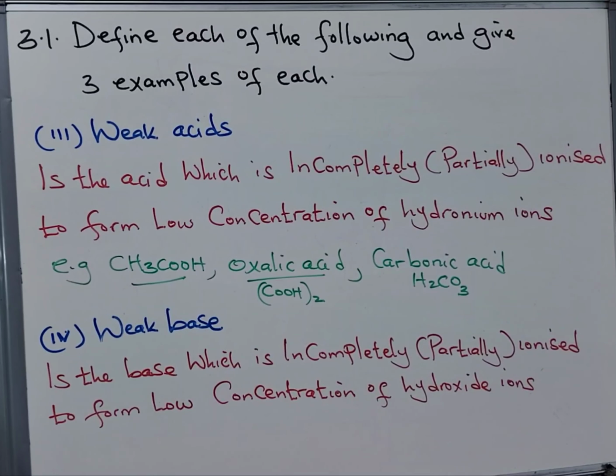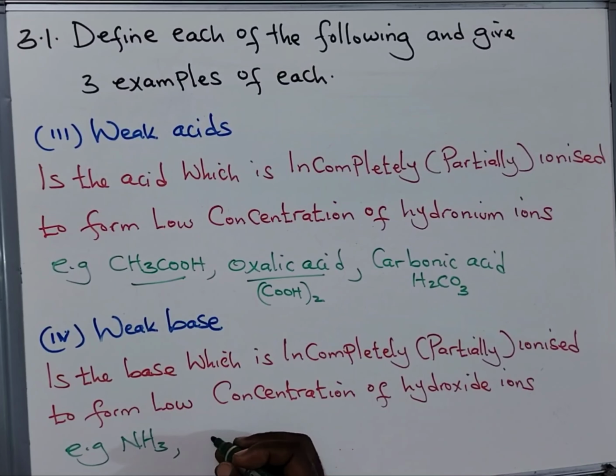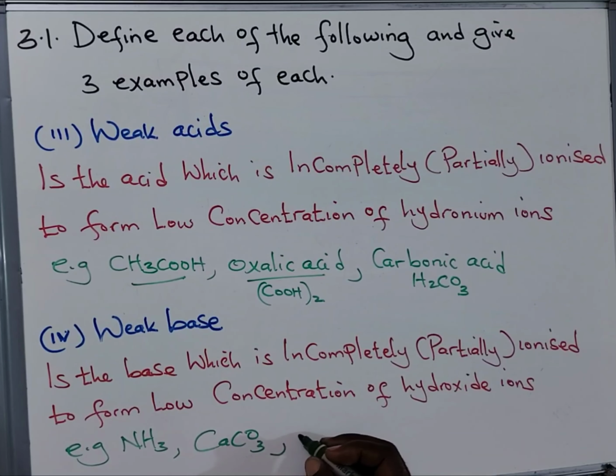And examples, we have ammonia, it's a weak base. We have then calcium carbonate, then potassium carbonate, and others.